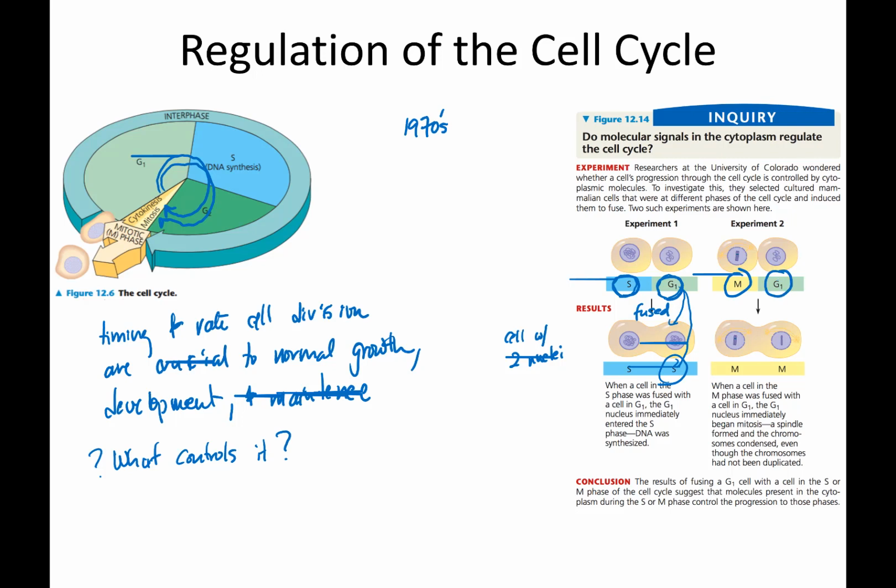And again, similar results, with the M nucleus forcing this G1 cell to immediately enter into M phase, skipping the S phase. So as you can see in this cartoon, there's only one copy of the chromatid, but it still entered this mitosis phase, the M phase. These types of experiments led to this idea that there must be some sort of a cell cycle control system.